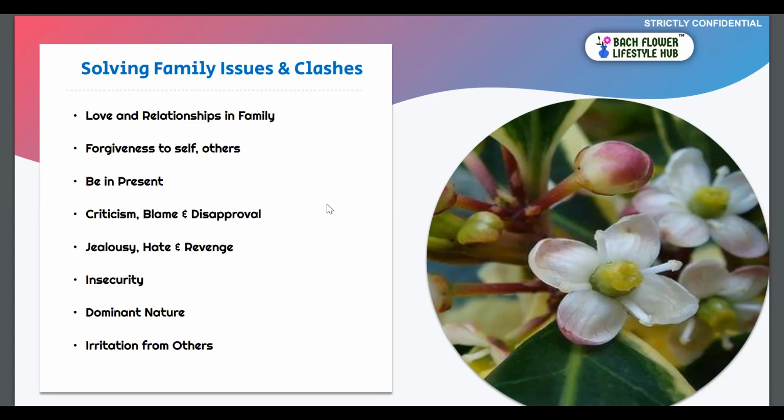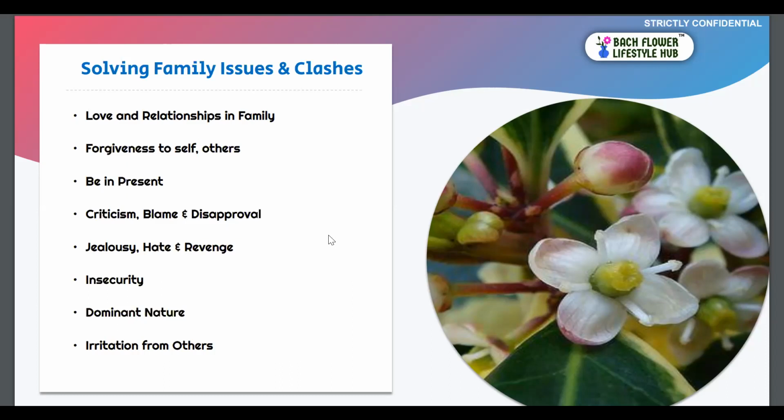Okay. Jealousy, hate, and revenge. This is very important in terms of the social animal. We get jealous, we get hate in terms of something wrong happened to us. Revenge thoughts, definitely it comes when something wrong happens with someone. So these thoughts we should not carry for a longer period of time.